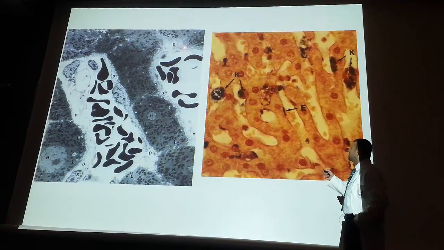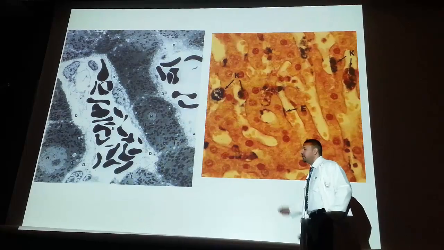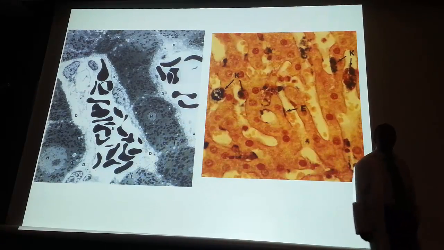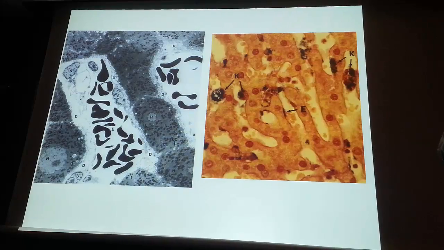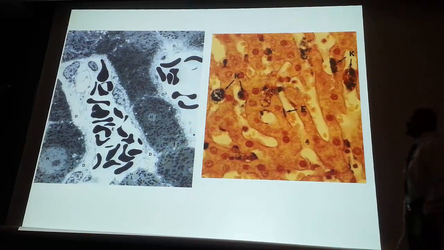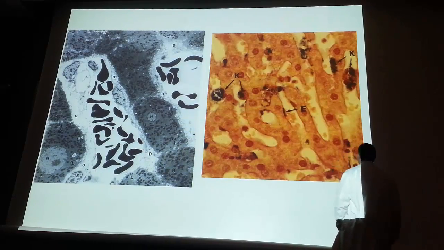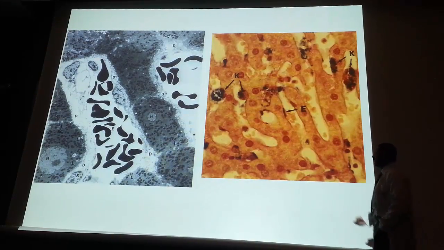This space was very interesting at his time, and he called it the space of Disse. And now he became famous. Waldeyer's harshness was actually good for him, because it made him change his thinking and discover something that immortalized his name in the space of Disse. So that's how the story of the space of Disse came.